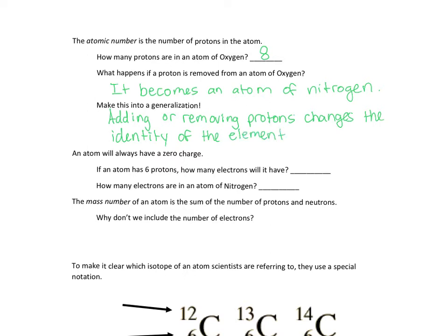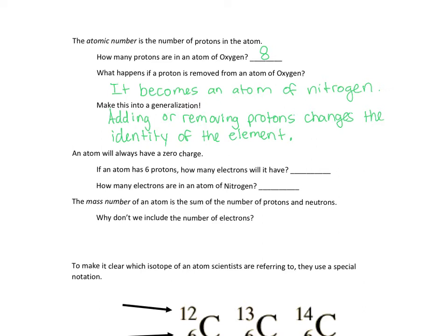So if you have an atom and you change the number of protons, you're not just making it heavier or lighter or changing its charge. You're literally changing what it is. You're changing it into a completely new element, okay? So it's kind of a big deal.